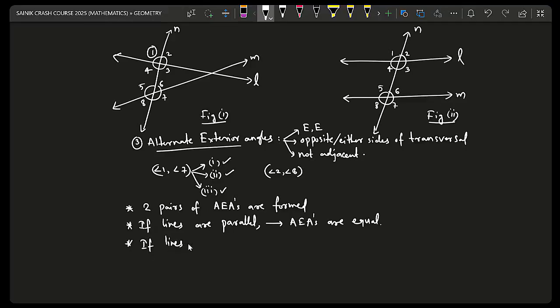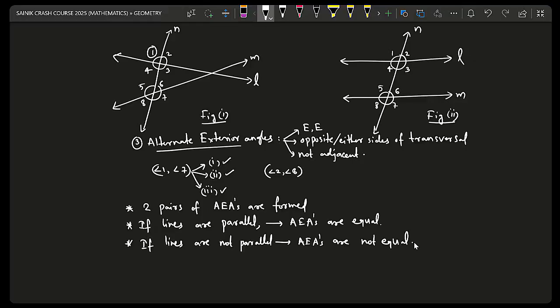If lines are not parallel, then alternate exterior angles are going to be not equal. So these are the properties you need to remember, because in the problems that we are going to solve, these properties are very much helpful. So you need to write in your notebook and remember.